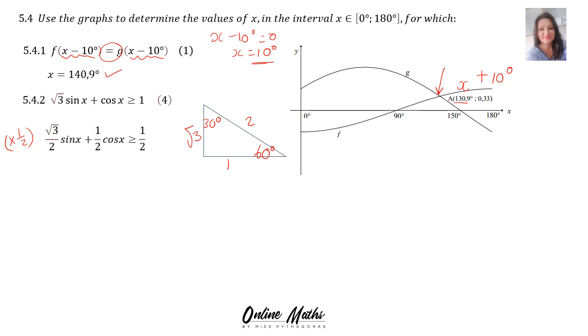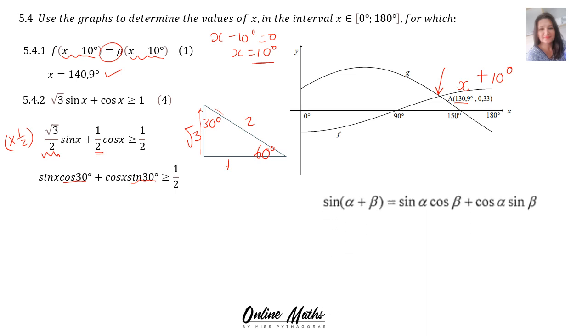And then root 3 over 2 is the same as cos 30. Cos's ratio is adjacent over hypotenuse. That is why cos 30 is root 3 over 2. And then a half is the same as sin 30. Sin is opposite over hypotenuse, which is a half, sin 30.